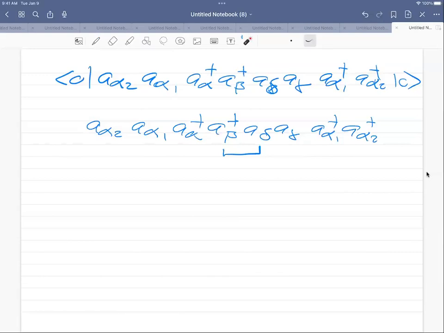Because if I take a contraction like this one with, or suppose we take this one with that one, that will also be zero. Or a contraction with this one and that one will also be zero. So anything which goes from annihilation to annihilation, creation to creation, or creation operator to annihilation operator is going to be zero. So I'm not going to list them. So I only take those which are non-zero.